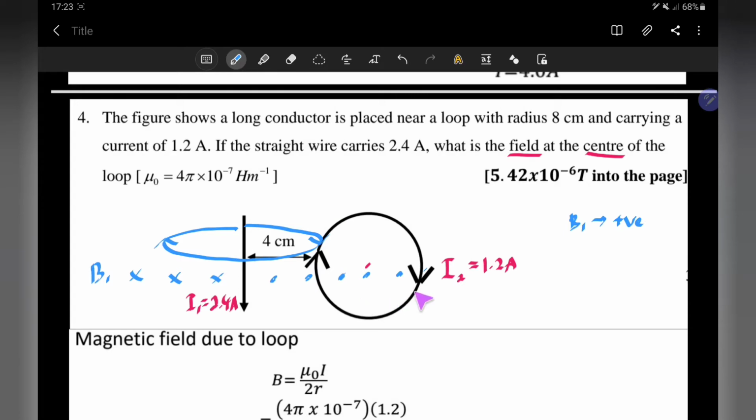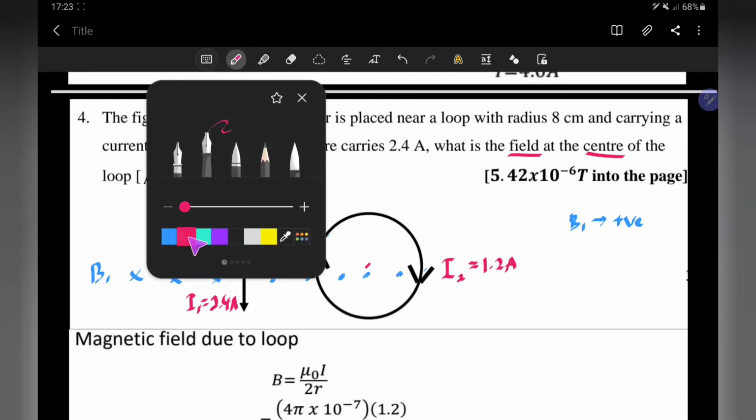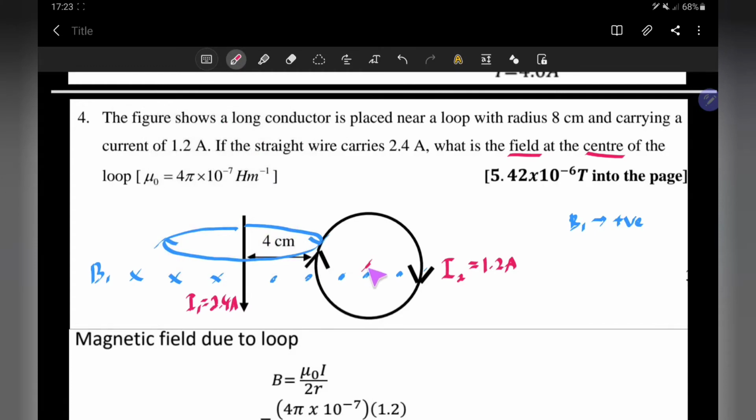So the thumb is directed into the page, isn't it? So at this center, B produced by the coil is directed into the page. That one is B2. So B2 is negative because it is directed into the page.